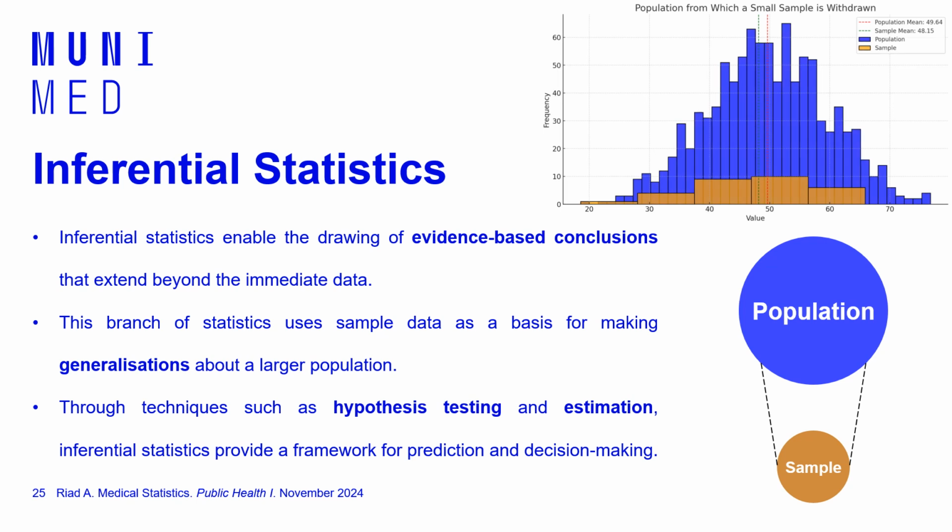If you look here, you can see that the general population, which is in blue color, has a mean of 49.64, which is, as you can see, the red line. However, the sample that was taken from this population, in orange color, has a mean of 48.15. Yes, there is some difference between 48 and 49.6.